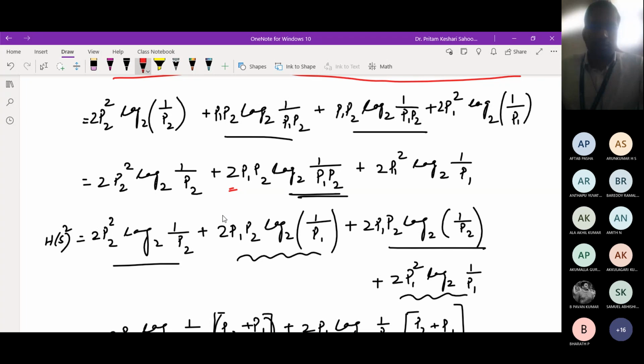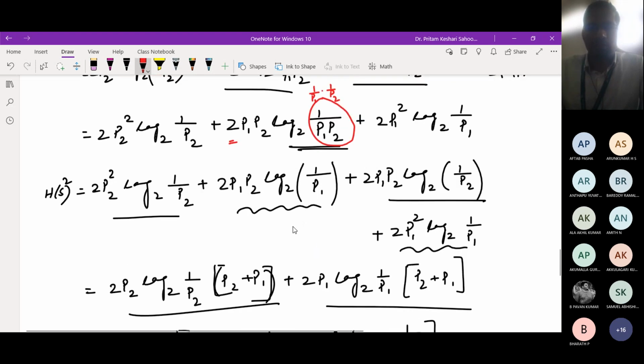And this particular term, if you notice here, 1 divided by P1 into P2, we can write as 1 by P1 multiplied by 1 by P2. So it is in the form of log A into B. Log A into B can be written as log A plus log B. So we have written this in terms of log A plus log B. Now if you see in this equation, from this term and this term we take common 2P2 log base 2 of 1 by P2.